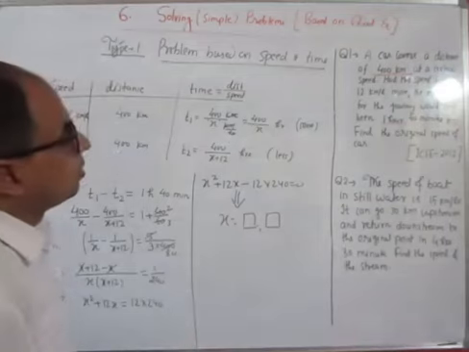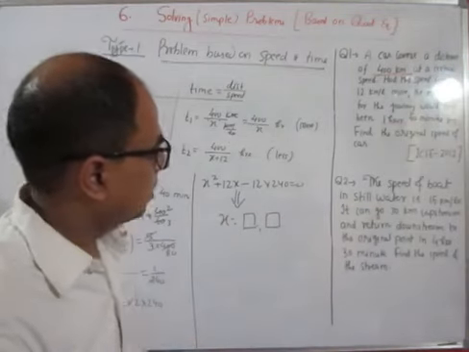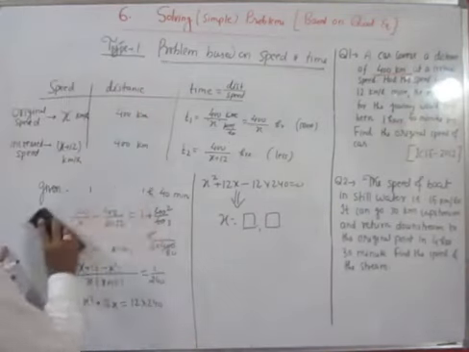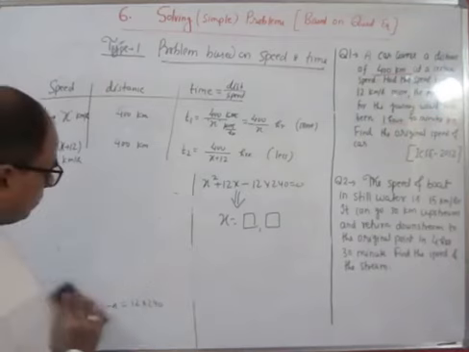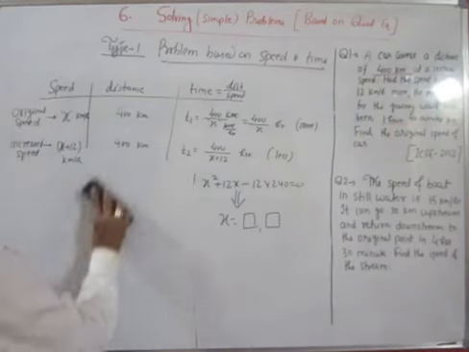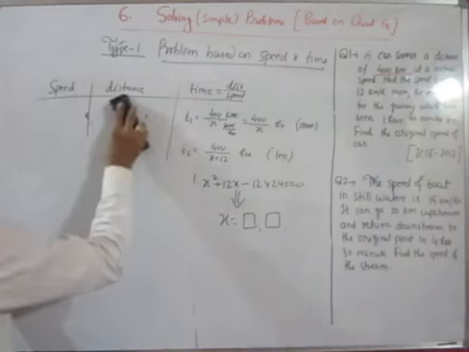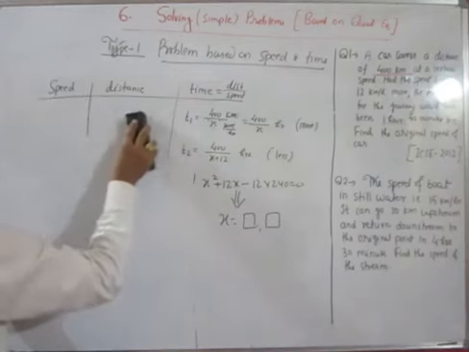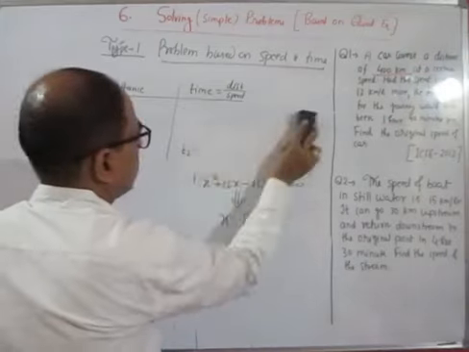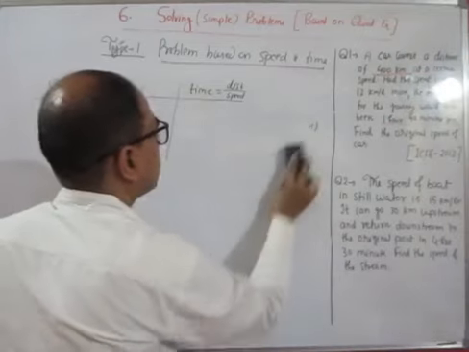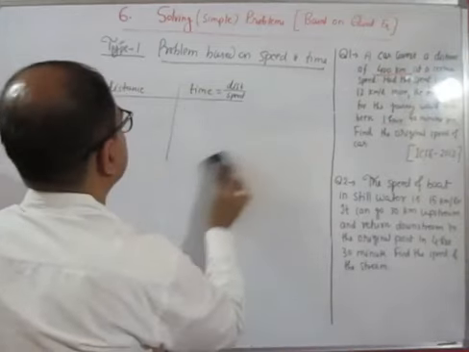Now let us consider the second equation. I am not solving the equation in this chapter because we already know how to solve it. Using that you can solve the equation.